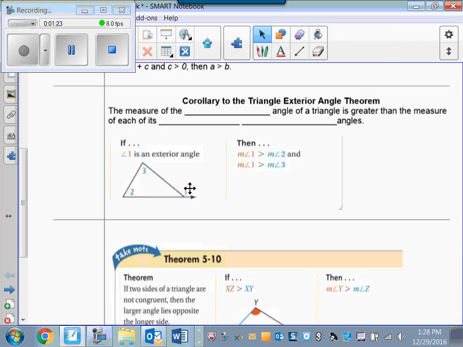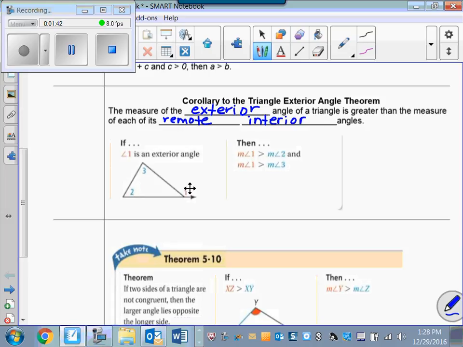Okay, well here's a corollary, and it says the measure of the exterior angle of a triangle is greater than the measure of each of its remote interior angles. So that kind of goes back to that little property that we just looked at.